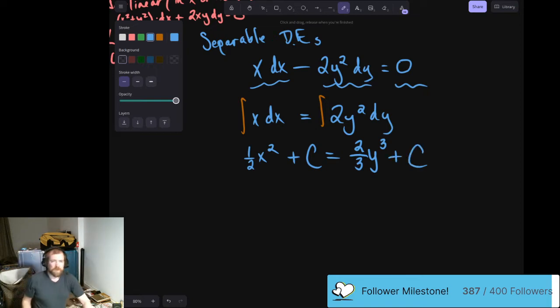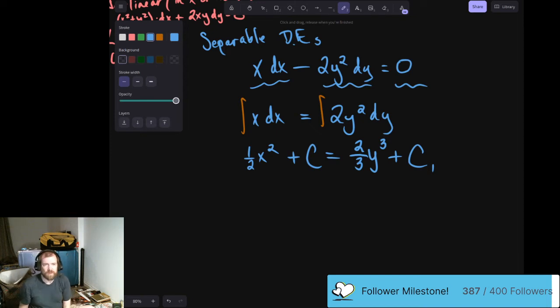But that's a slight problem, because this doesn't necessarily have to be the same constant as the other one over there. So we just label it c1. And if we're typically trying to solve this for x, we could say, okay, well, everything needs to be on the other side.